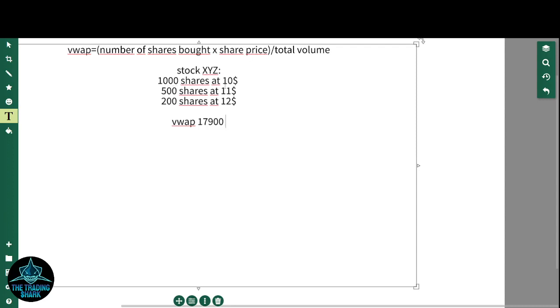So 1,000 multiplied by 10 plus 500 multiplied by 11 plus 200 multiplied by 12. So that would be 17,900 divided by the total volume.